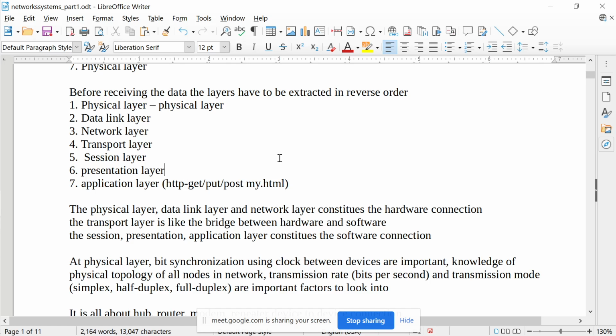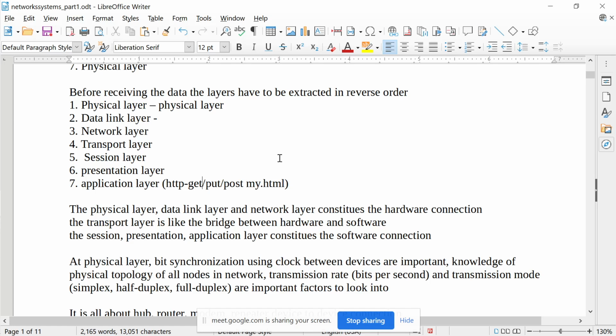So if you look at the protocols, even if it is one device to another device, there has to be some way of talking to each other. That I have sent a signal, now you receive it, now you have received it, send me back an acknowledgement. There has to be some protocol. What protocol you are going to use depends on what layer it is.